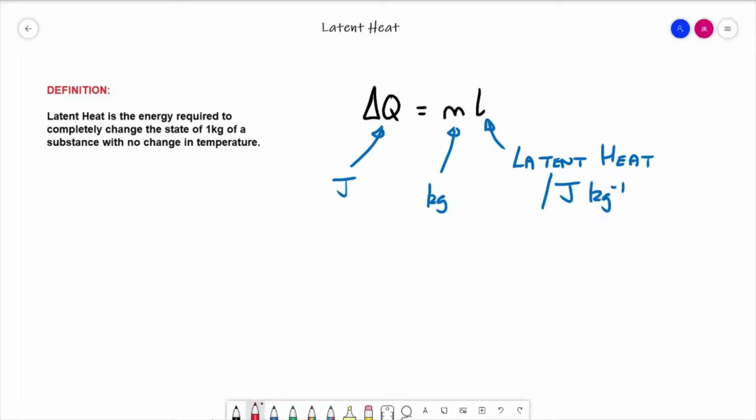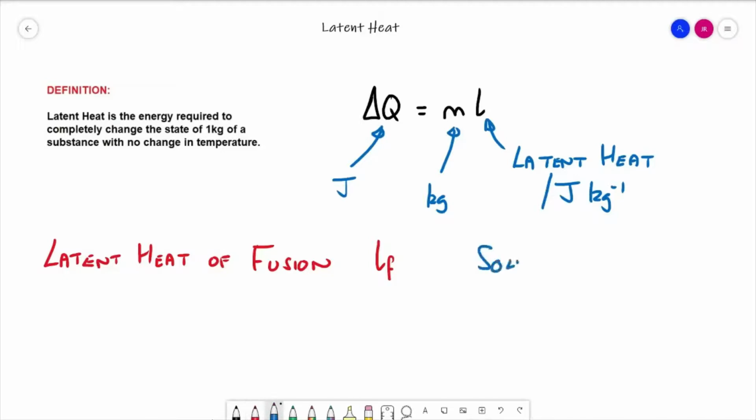Now, these two are known as, firstly, the latent heat of fusion, which sometimes is written as an L with a subscript F, and that one is when we have melting, so we have the solid to liquid change of state.